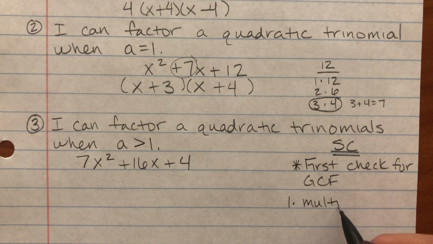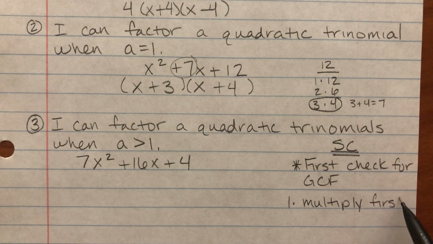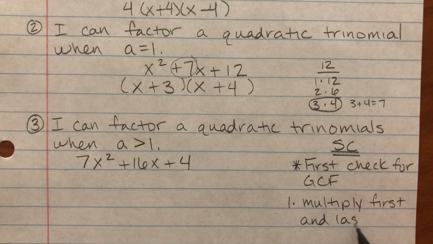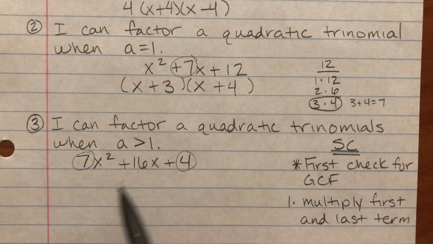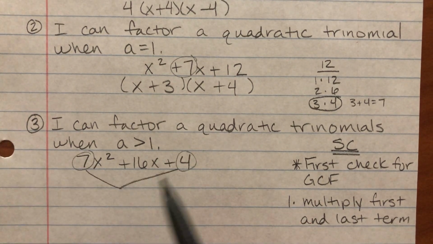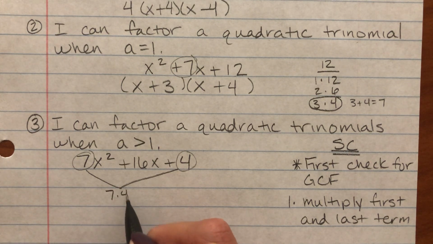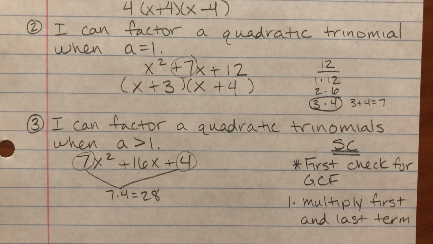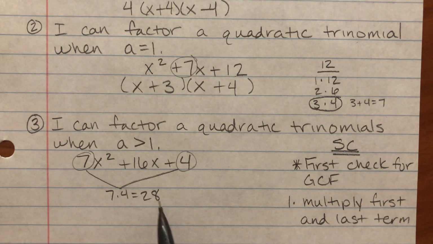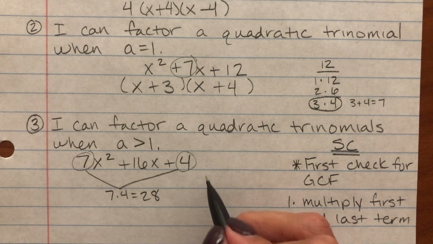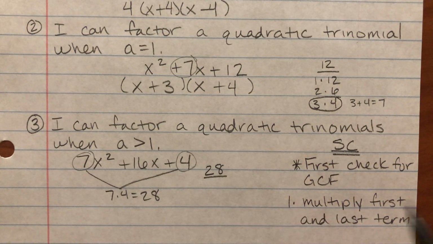I'm going to multiply the first and last term together. Okay, so I'm looking at 7 and 4. So 7 times 4 is 28. And then I'm going to take that number 28, my product here, and I'm going to list the factors of 28.